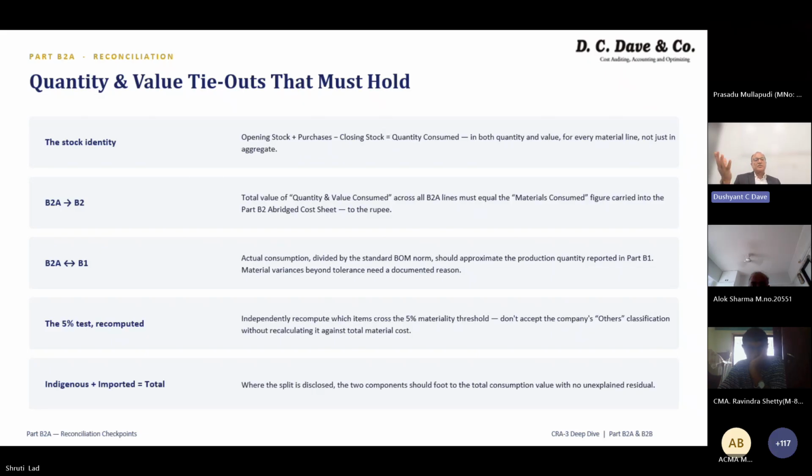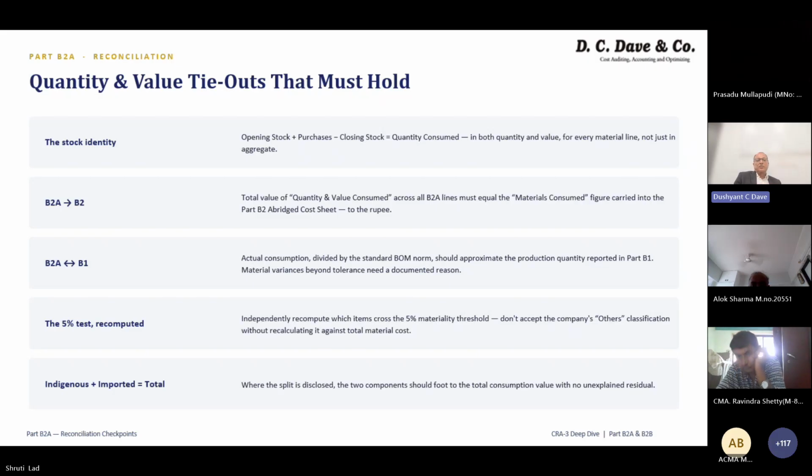So you ask the question: is there any adjustment pending? Has any material been excluded? Has any write-off been considered? Because your B2A now becomes the base figure for the B2, as much as B2 quantity came from B1. B1 was the base, similarly B2A will be. One of the most useful analytical procedures is to compare material consumed with the production quantity.